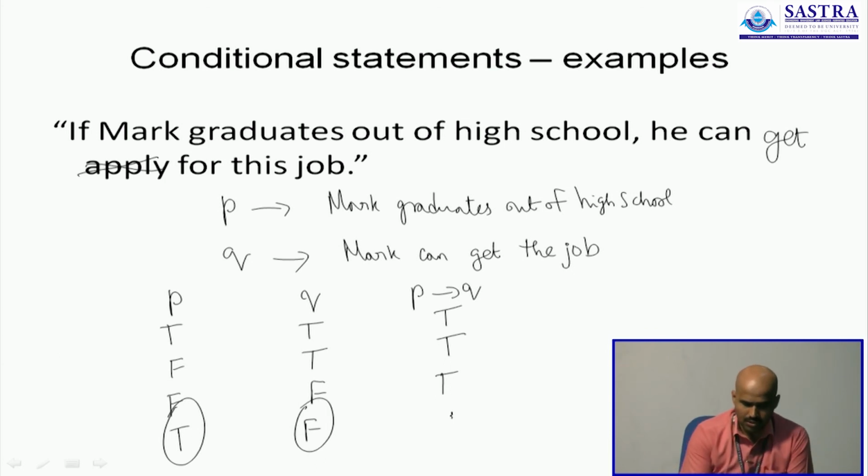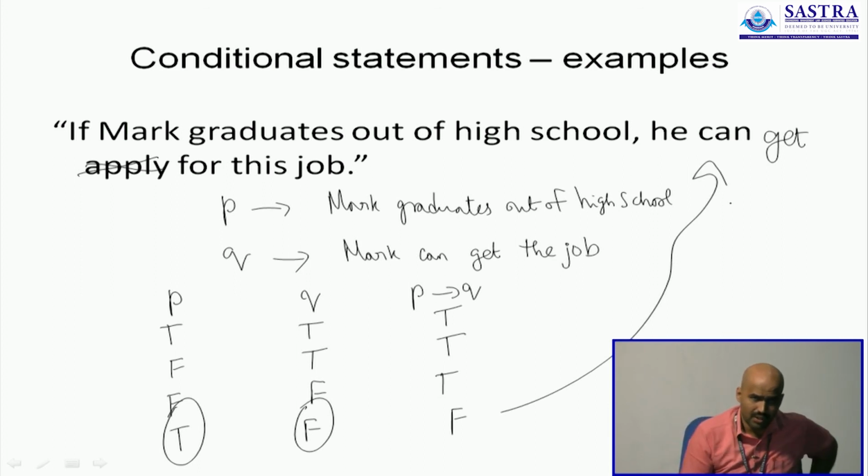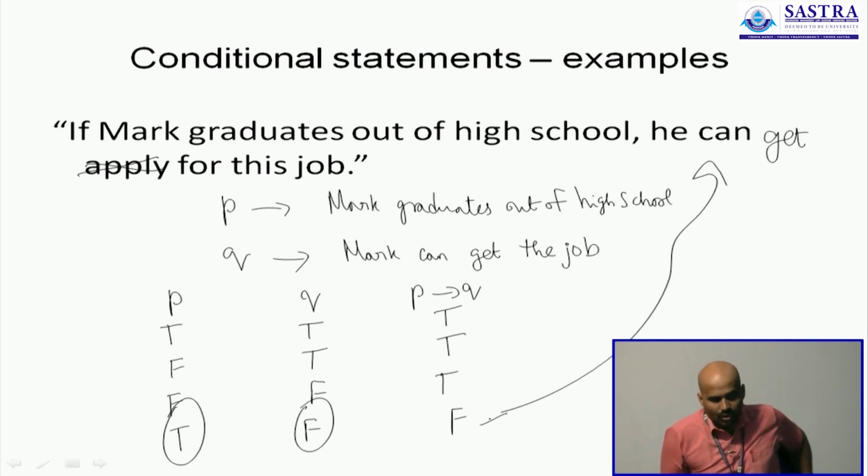That's false. That contradicts the definition of the given conditional statement. It says whenever P is true, Q must be true, and you are giving a combination where P is assuming a true value, but Q is assuming a false value. Now such a connector will always take up a false value.